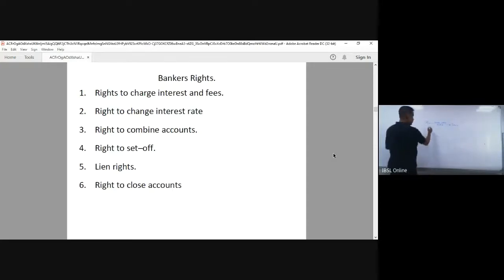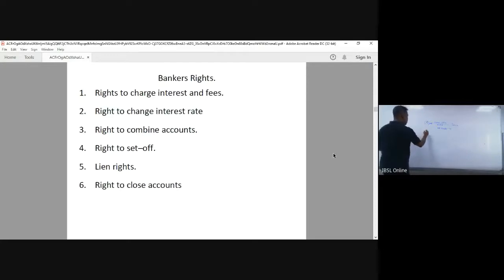And he gives a collateral security. He has mortgage goods, and the goods are mortgaged to the bank for this particular loan, the 1 million loan.